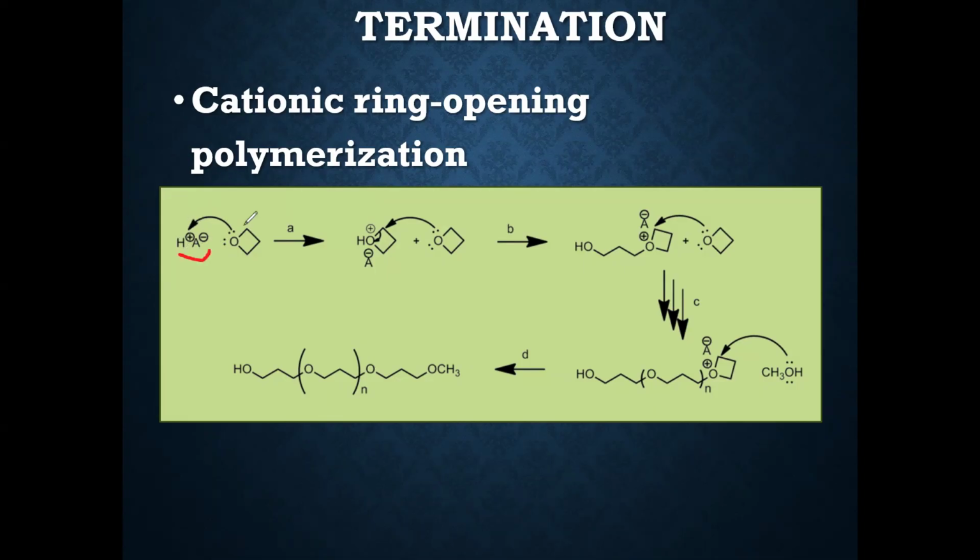The proton of the protonic acid will attack the monomer, forming a positive charge on the functional group and a counter ion which is non-nucleophilic to avoid the trapping of the positive charge.